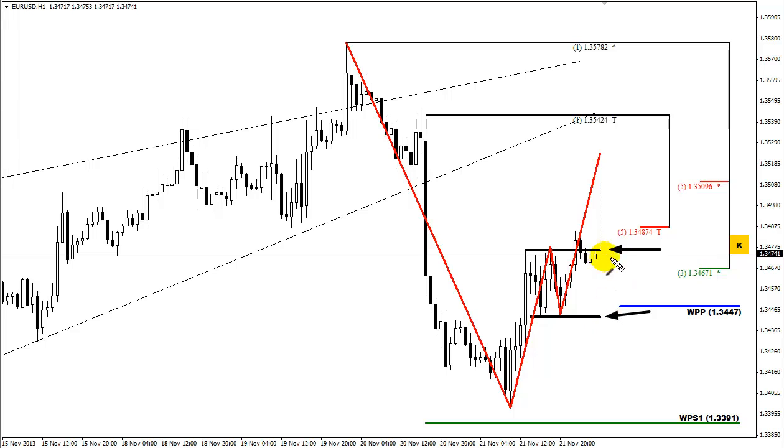It returned here, maybe it's trying to break out again. This was a false breakout here, which is really good. Usually when the market makes these false breakouts, it retests the other extreme of the consolidation. So also pay attention here for the next hours.